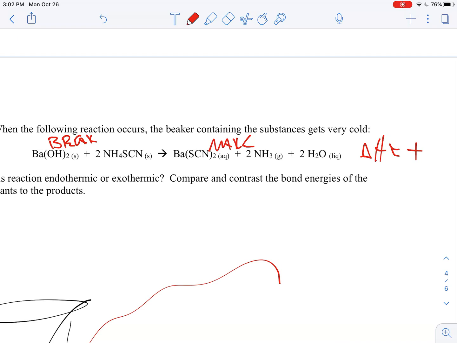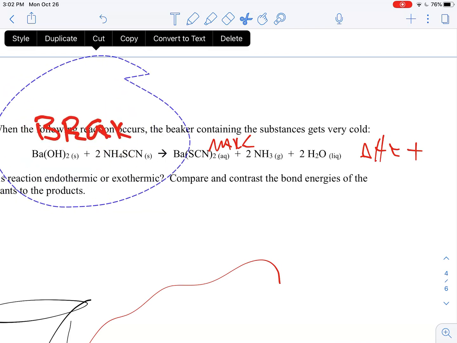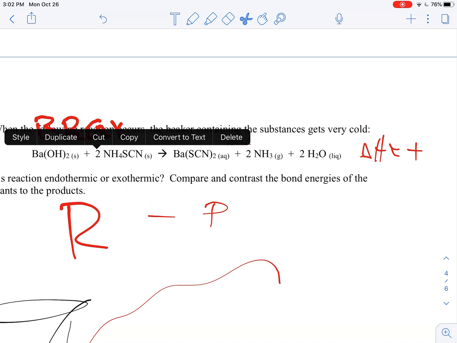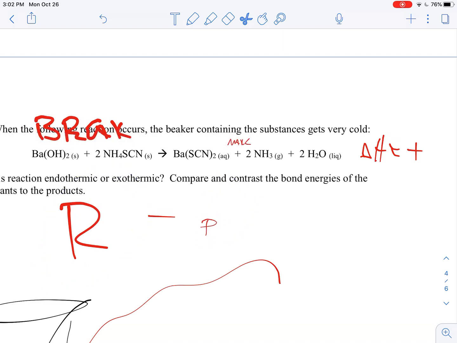And so the ones that you have to break have to be bigger than the ones that you make, which have to be smaller, because again, using bond energies, it's reactants minus products. So this reactants here has to be a big number so that we can subtract a smaller number on the products and end up then with a positive value, which is endothermic.